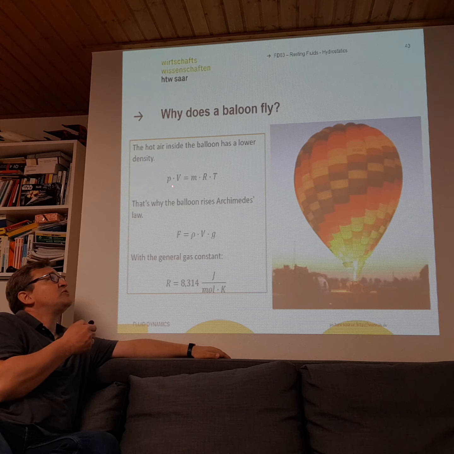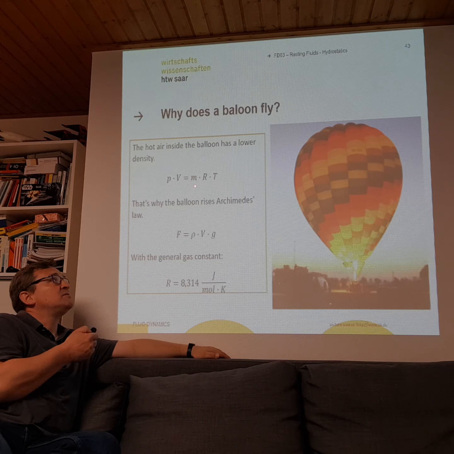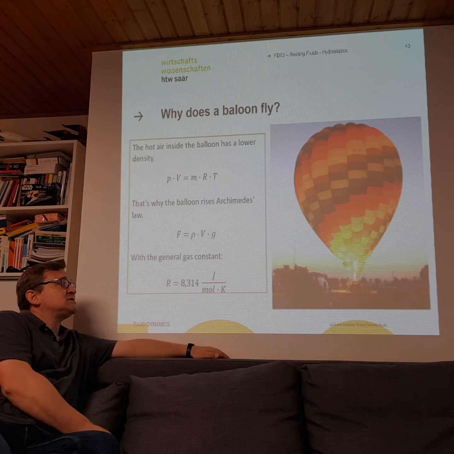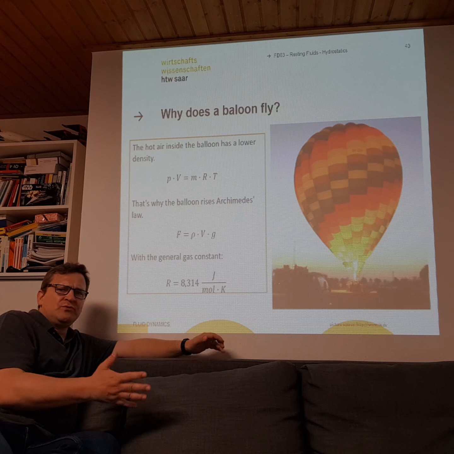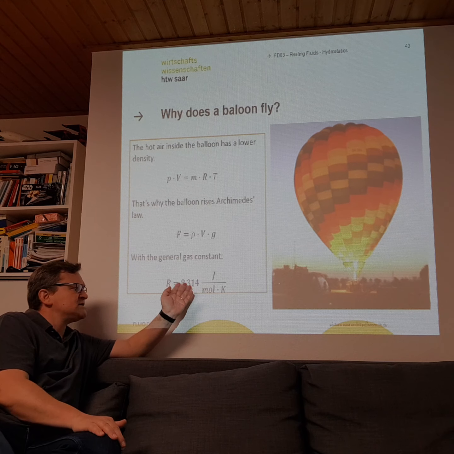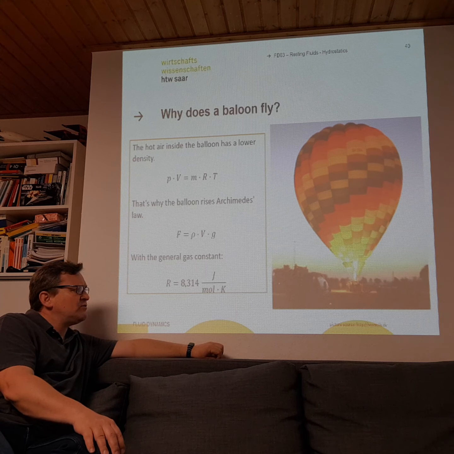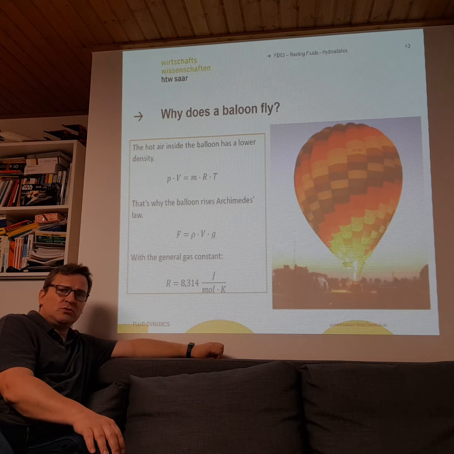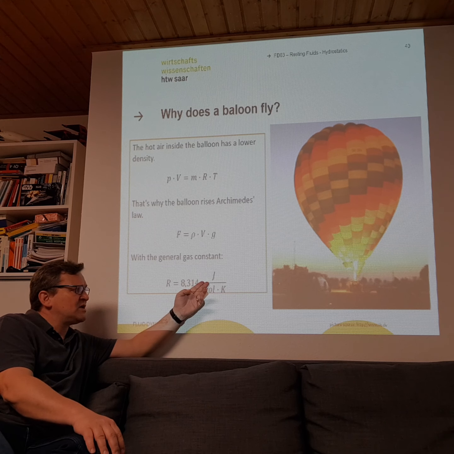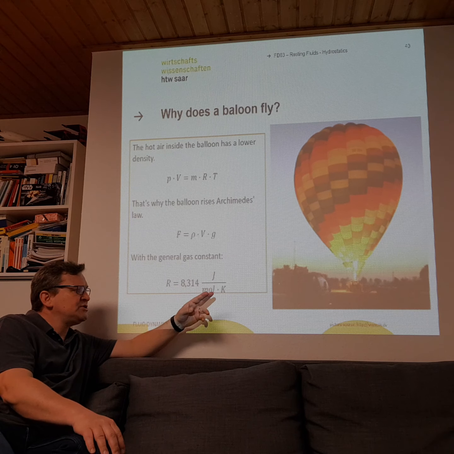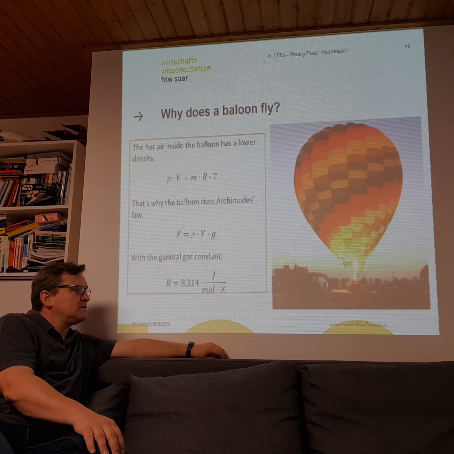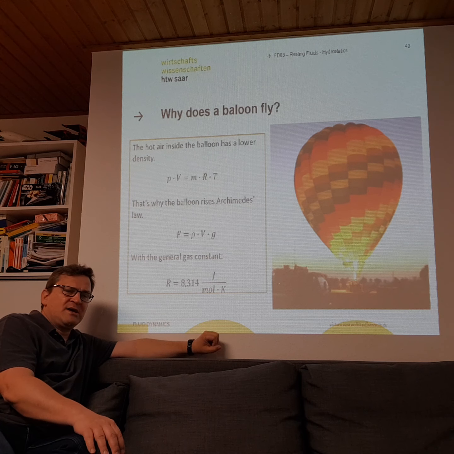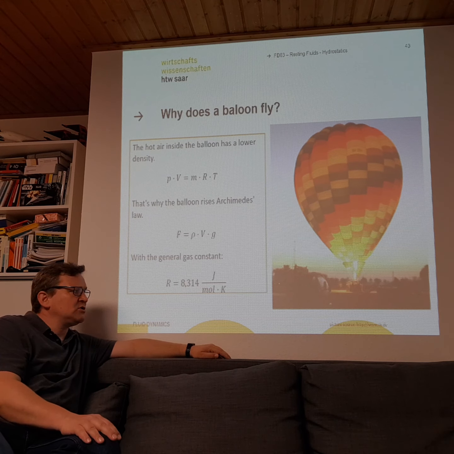We have a pressure times a volume, and it depends on mass, the universal gas constant, and temperature. The universal gas constant is about 8.314 joules per mole and Kelvin, so it describes, if you get higher energies, the movement of the molecules, the number of the molecules.